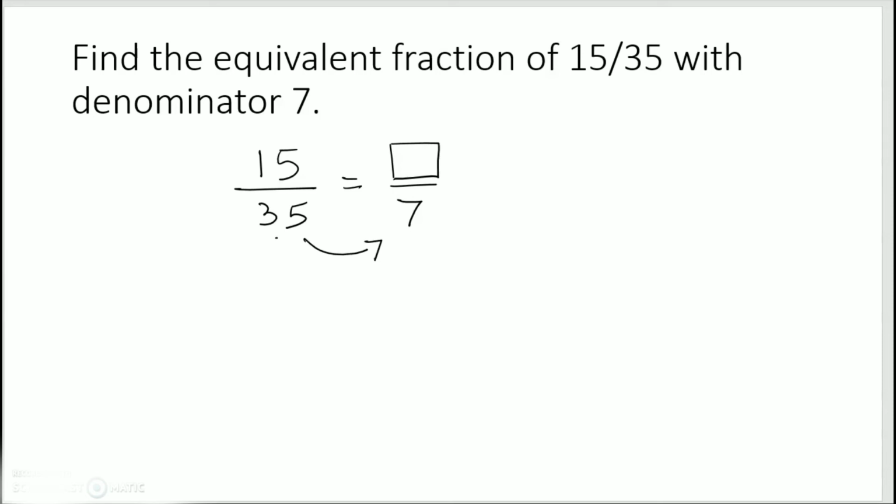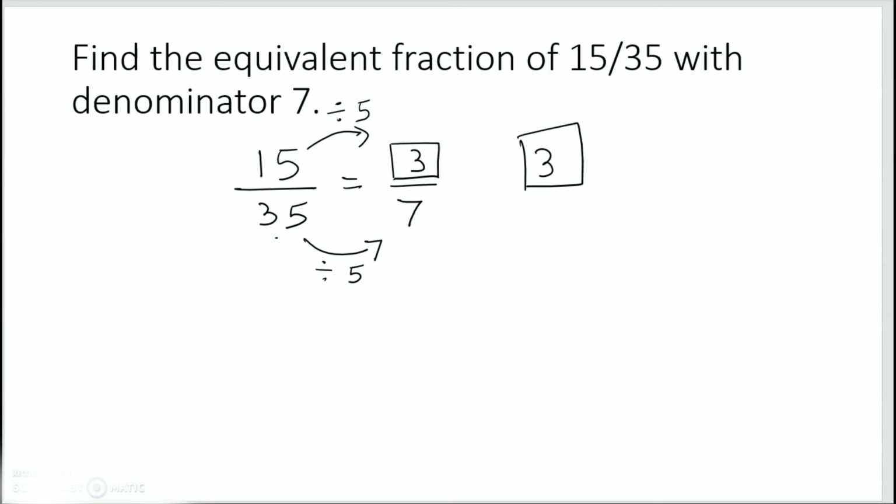We can use division here. 35 divided by 5 gives me 7. So division is done in the denominator. So the same thing should be done in the numerator also. 15 divided by 5 gives me 3. 5 3s are 15. 5 7s are 35. So 3 is my answer here. 3 is the numerator. Now we can also find the equivalent fraction by cross multiplication.